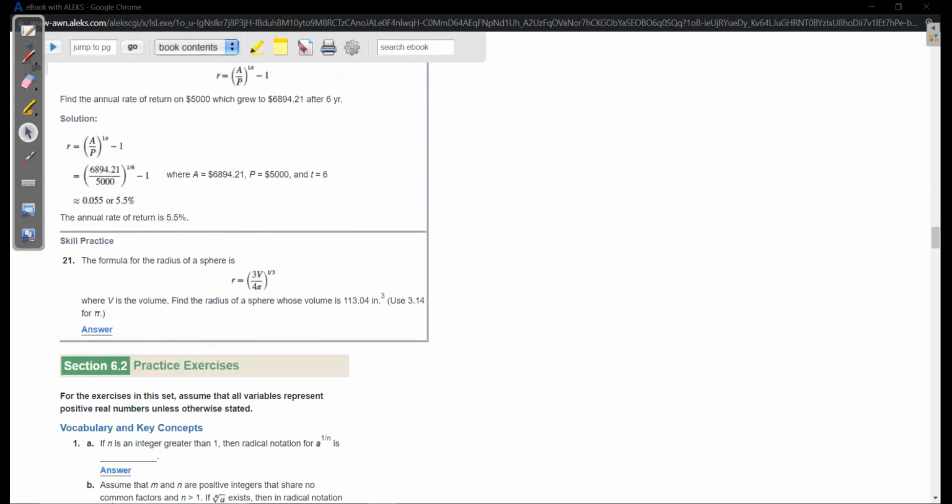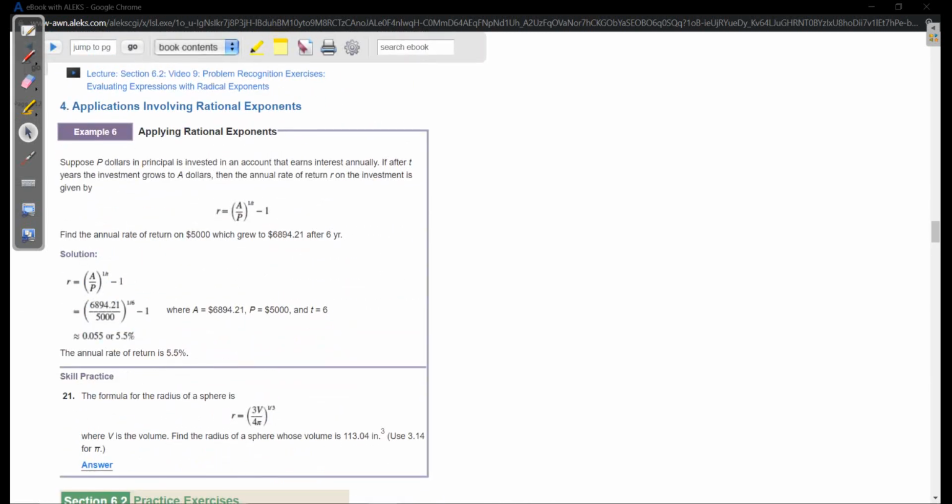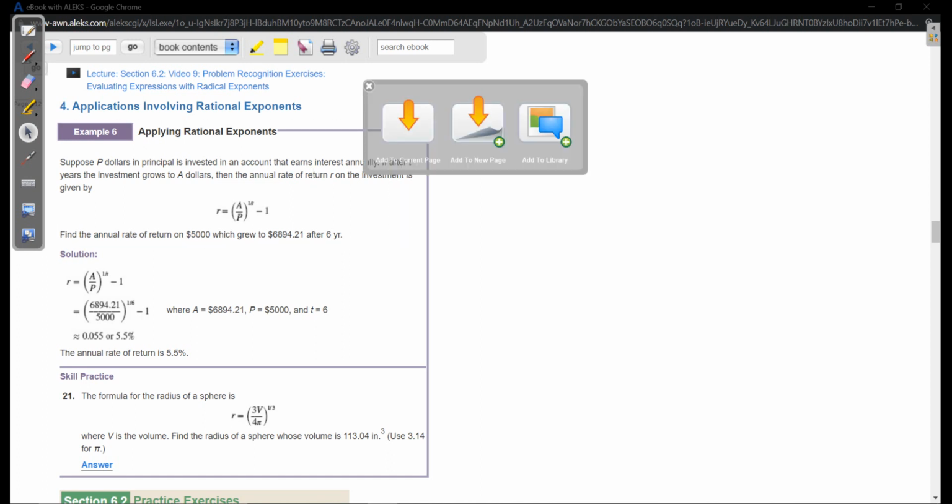And then the last example, example 6, applying rational exponents. Suppose P dollars in principal is invested in an account that earns interest annually. If after T years the investment grows to A dollars, then the annual rate of return R on the investment is given by R is equal to A over P raised to the, oh gosh, I can't even read that.